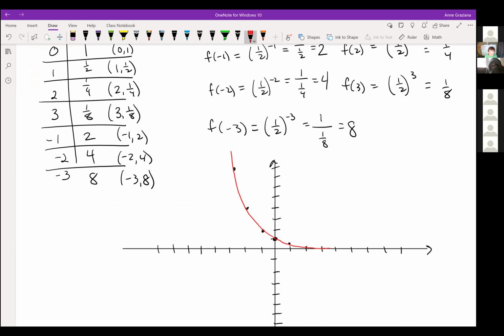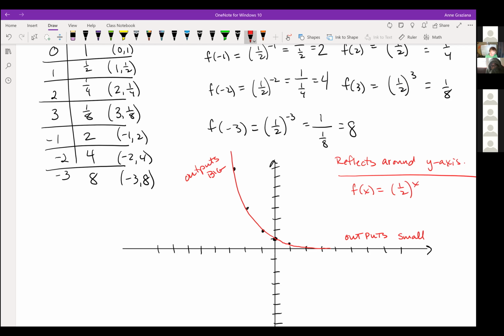So this is called a reflection around the y-axis. But now my outputs are bigger here, and then outputs are small here. So this is f of x is equal to (1/2)^x.